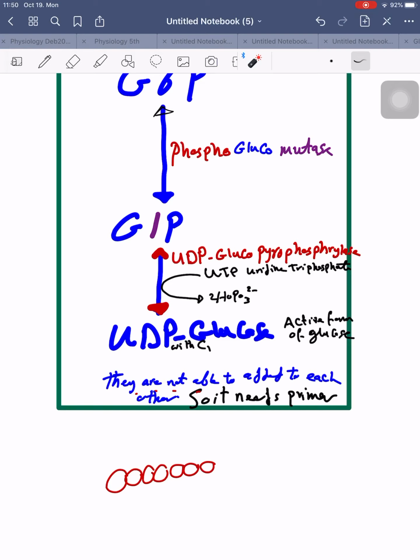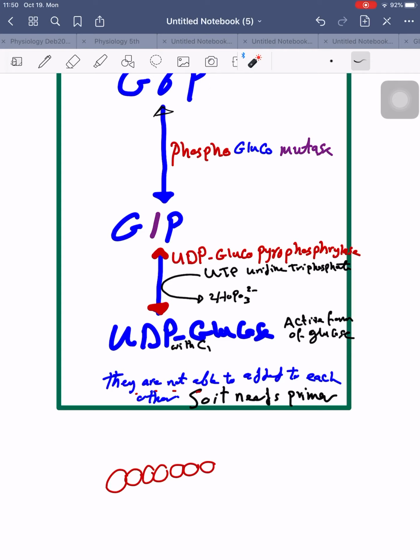So UDP glucose pyrophosphorylase adds UDP to the glucose, binding with the carbon number 1. Here is the active form of glucose. What does active form of glucose mean? I mean it is the form we can use to add the glucose to the growing chains of glycogen.